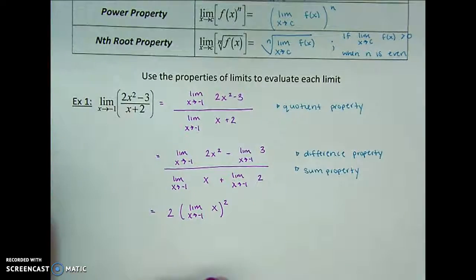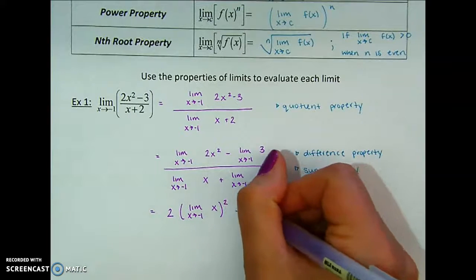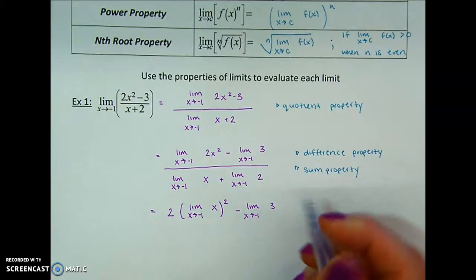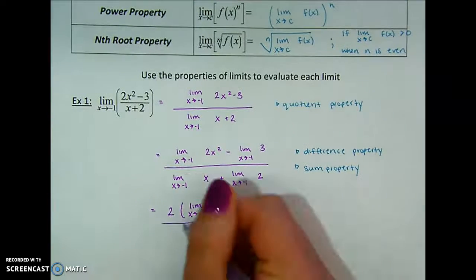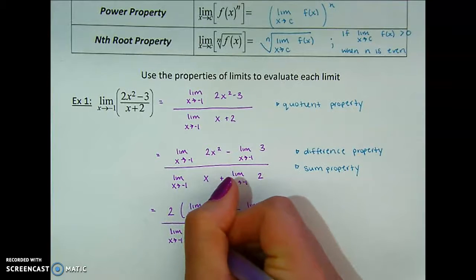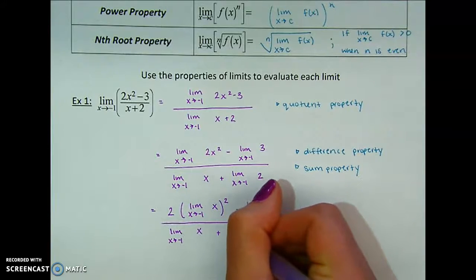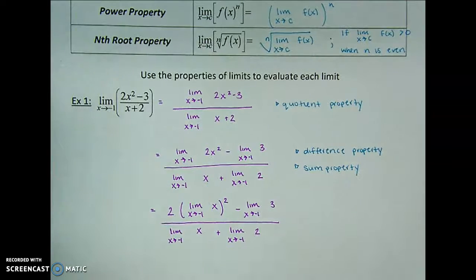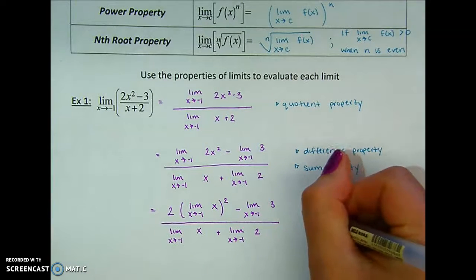And then in this line, I bring the rest down. And here we use two properties as well.